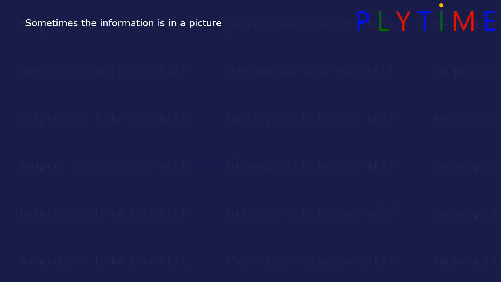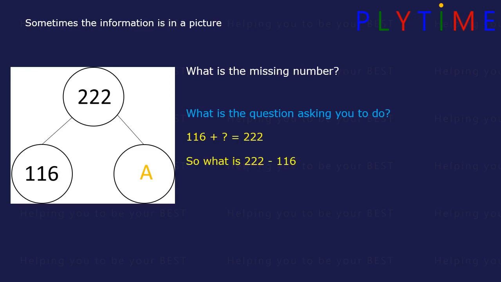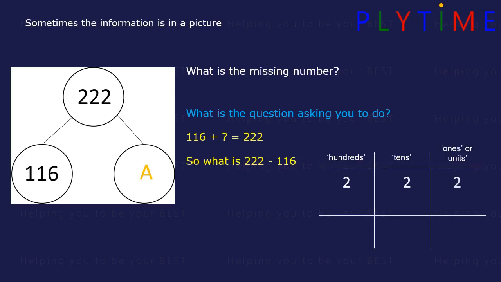Sometimes the information is in a picture. What's the missing number? What's the question asking you to do? Saying 116 plus something equals 222. So we find out what is 222 minus 116. In our columns, 2 minus 6.